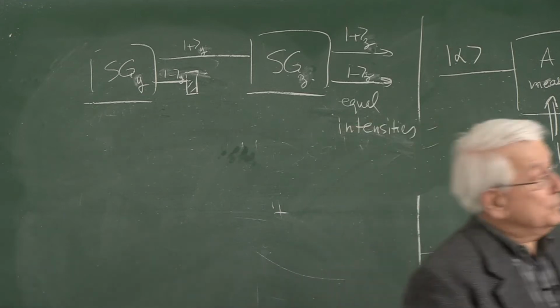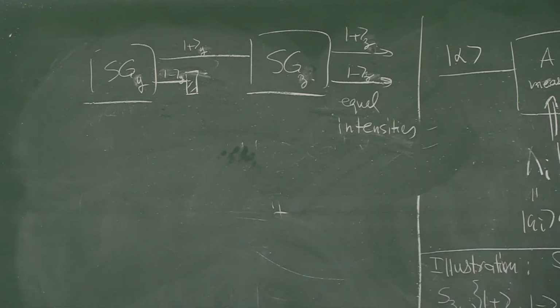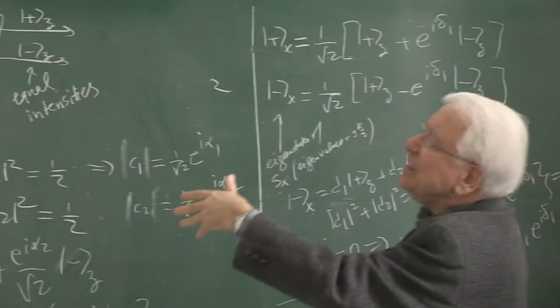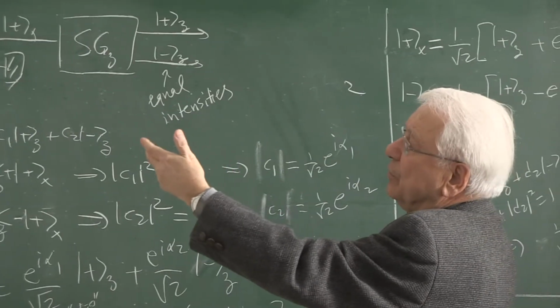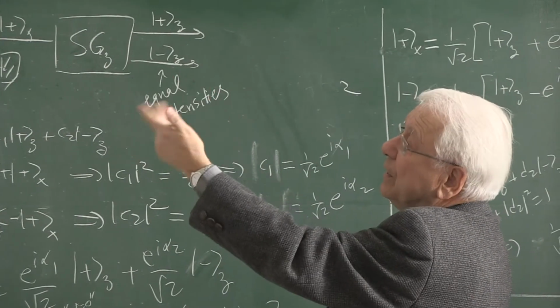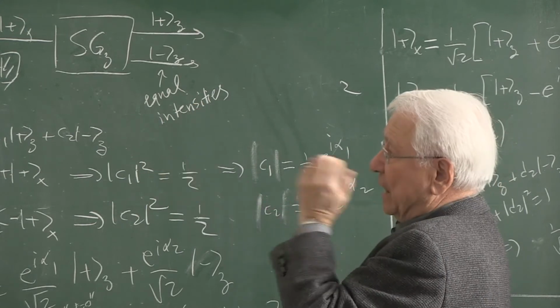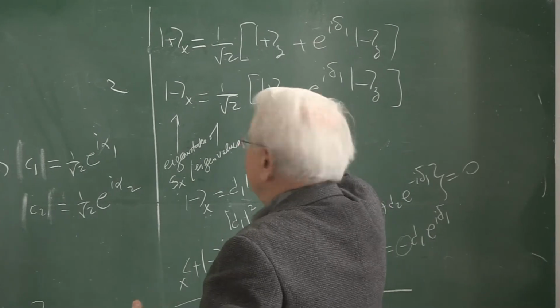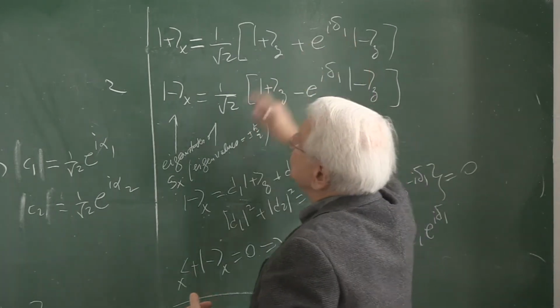Then what do I get? Following all those steps, now I expand the plus Y in terms of the plus and minus Z's, and then I go and expand block the upper one and take the minus Y and expand in terms of the Z's. I get a very similar expression, but the phases will be different, of course.